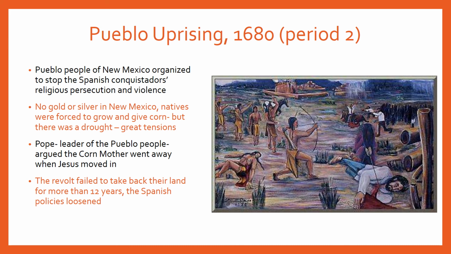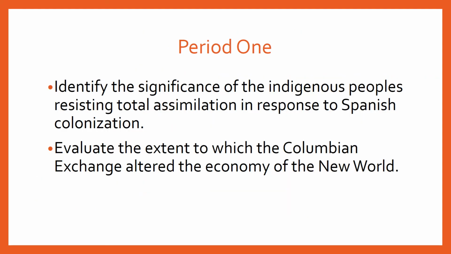And a guy named Pope, leader of the Pueblo people, led this revolt, and basically they took their land back. They tore down all the monuments, and they were fairly successful for a period of time. But then the Spanish came back, a little bit better, 12 years later.